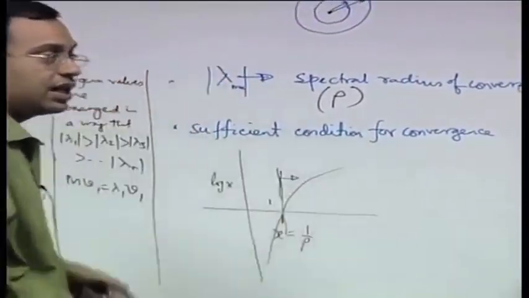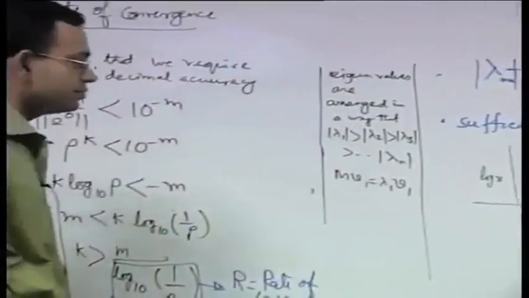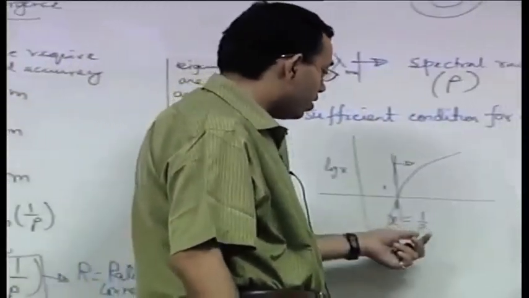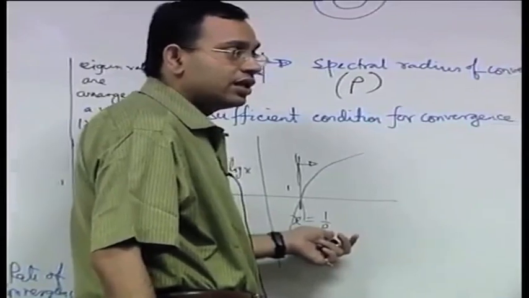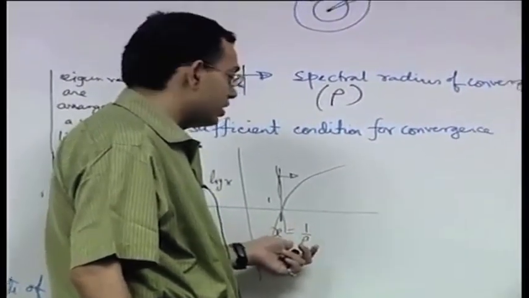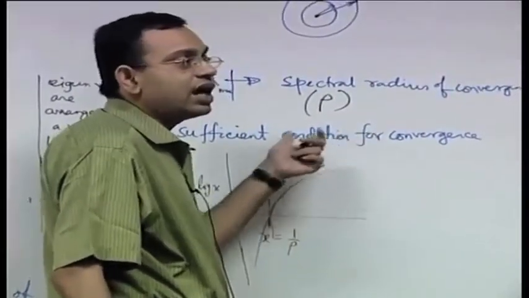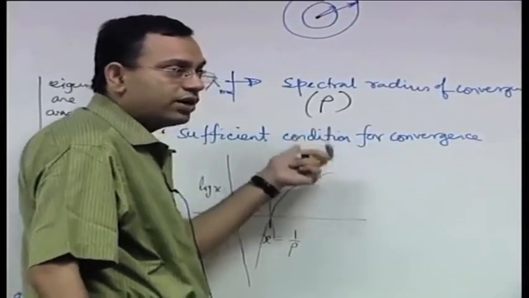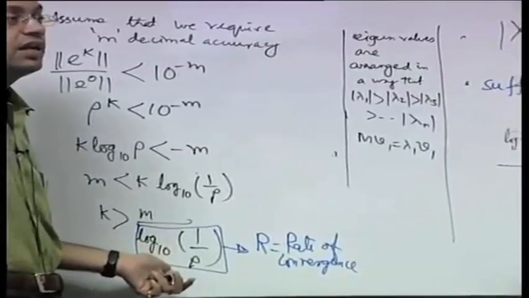That means the rate of convergence is very large. Theoretically, when rho tends to 0, x tends to infinity, so log x also tends to a very large number, and that means the rate of convergence is very large.